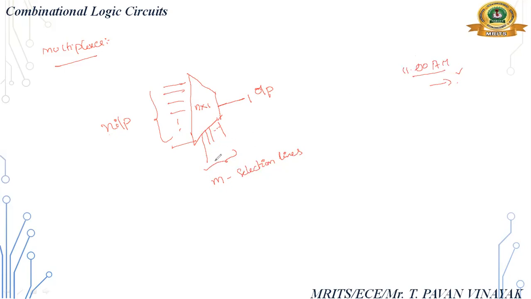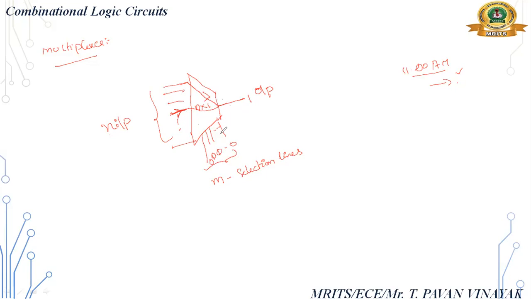Now, our selection line inputs are 0, 1, 1, and so on. Each selection line combination belongs to one input, and that input is connected to the output. If all selection lines are zero, then the first input is connected to the output. The remaining are all disconnected. Only the first input is connected to the output.